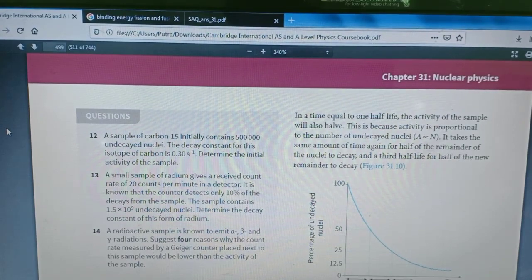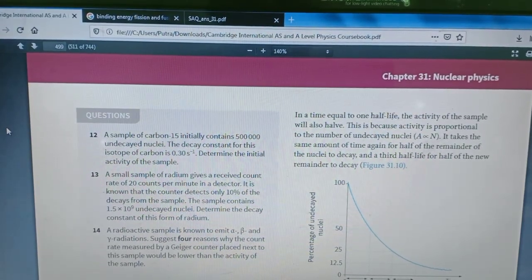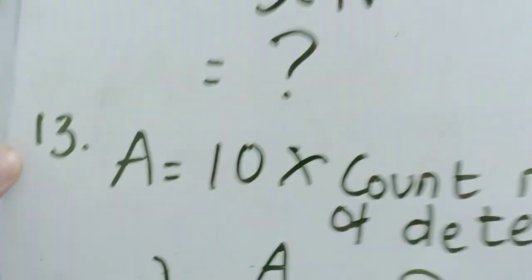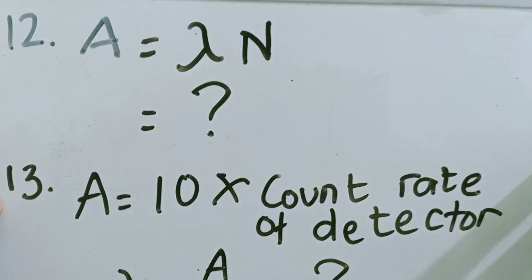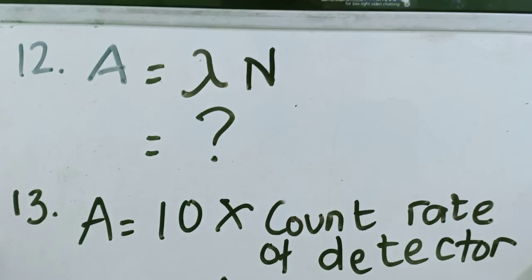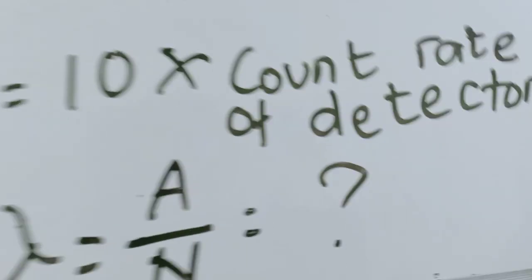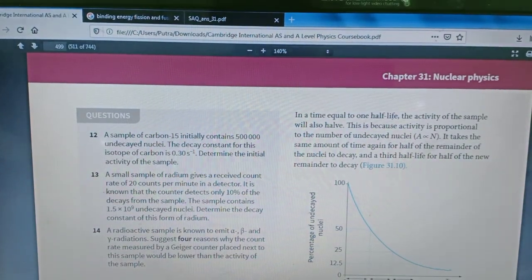So we need to first find A, the initial activity of the sample for 100%, which is 10 times the count rate of the detector, since 10% corresponds to 20 counts per minute.